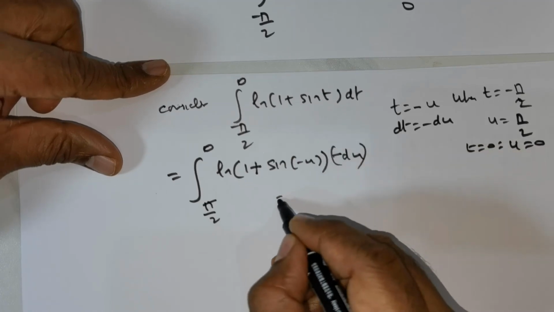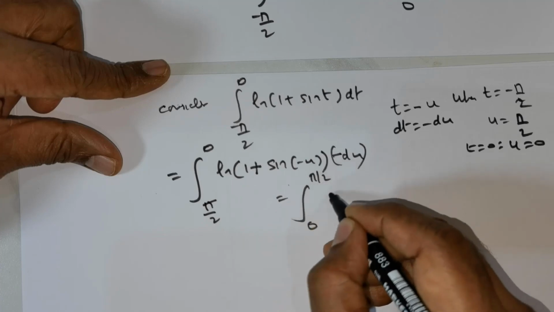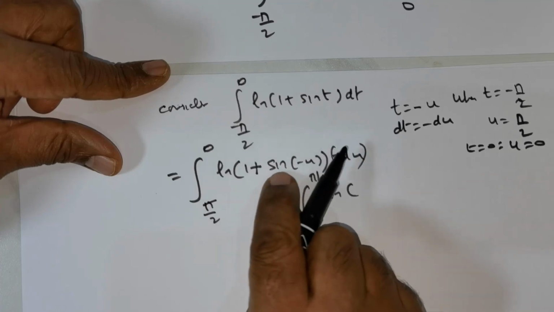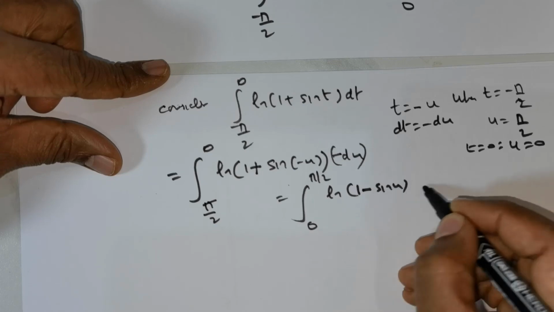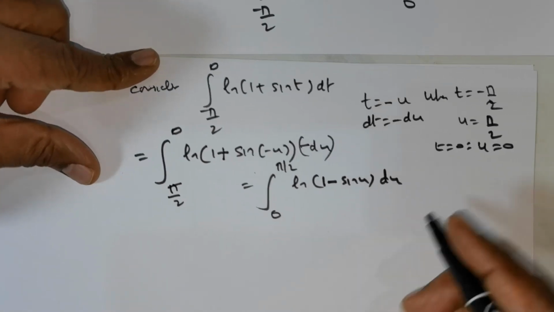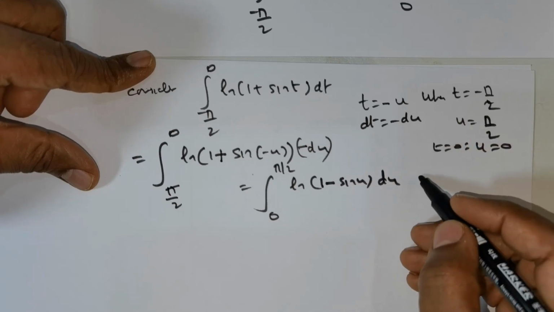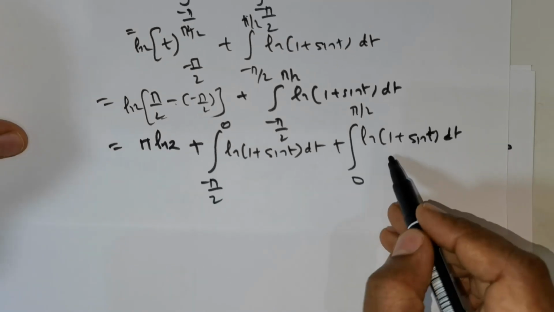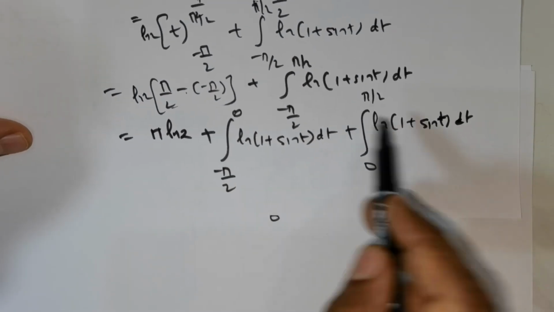Since I have a negative sign, I can flip the limits. So it's going to be the integral from 0 to pi over 2 of ln of 1 minus sine u du, because sine is an odd function. Now I can revert the variable u back to t. Why am I doing it? Because I got t here, so I need to simplify this entire quantity.